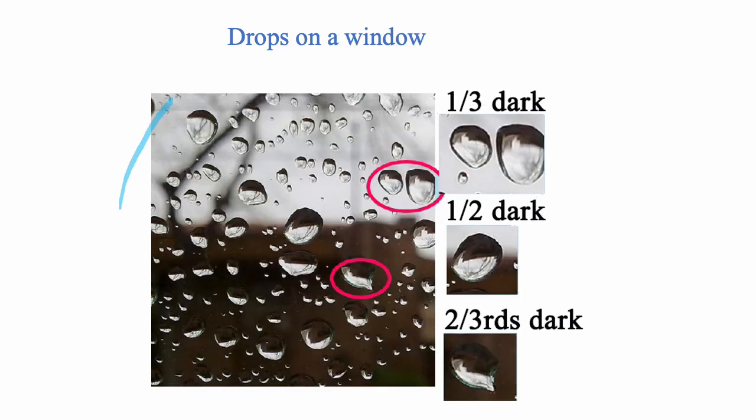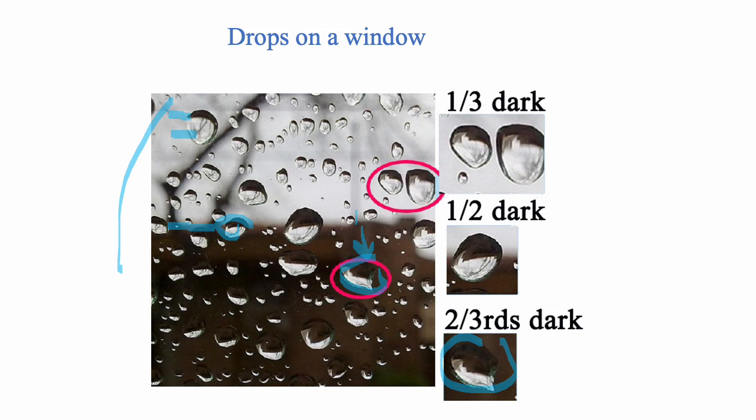These are raindrops on a window, and you can see that the light area reflecting the sky is below the dark area reflecting the land. But what's interesting is that if you look at the horizon, you can see that the dots on the horizon are half dark and half light. If we go down a bit, we can find these drops that are 2/3 dark and 1/3 light.